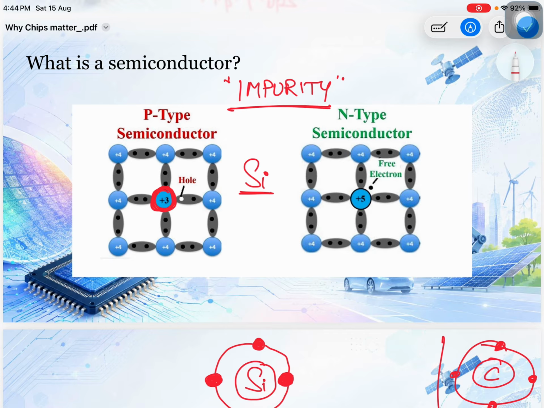In the entire lattice, every element is silicon, but in the middle we have induced an impurity, another element which has 3 electrons in its outermost shell. So any electron can take its place and create a new hole, and any other electron can take its place and create a new hole, and this series can go on and on.